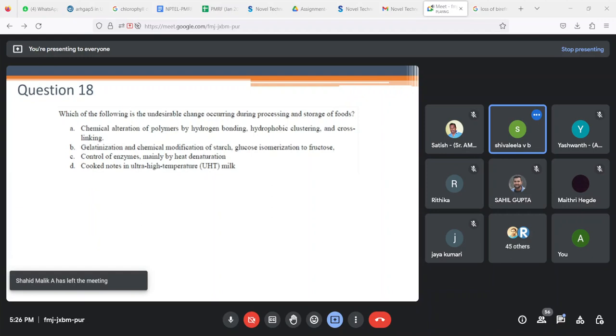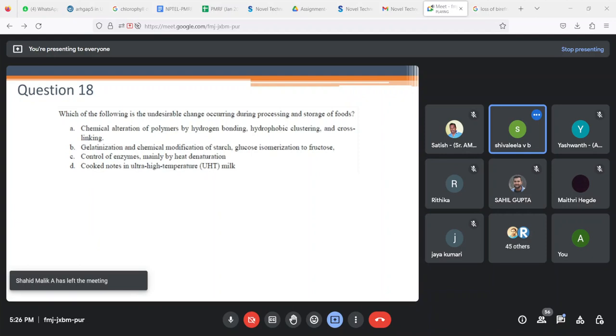Sometimes we do it deliberately as well. And glucose isomerization to fructose is very much desirable because fructose has a more sweet taste. So if you isomerize glucose to fructose, you will be able to increase the amount of sweetness in a certain food product. So option B is also favorable.